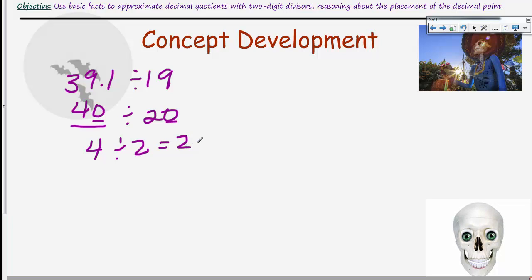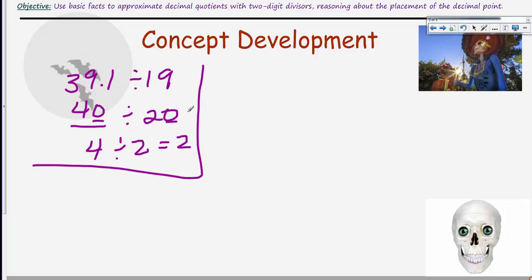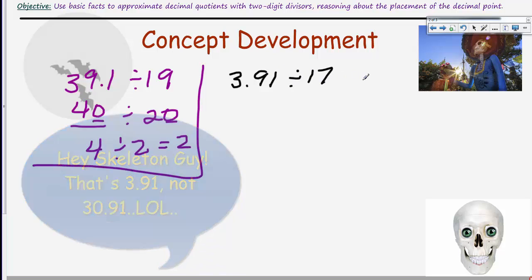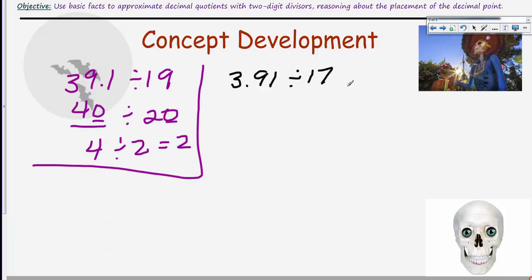Simple enough. Let's section this off over here real quick, and now let's look at 3.91 divided by 17. If we have that 39.1 divided by 19, we determined that to be 2 because we rounded this number here.